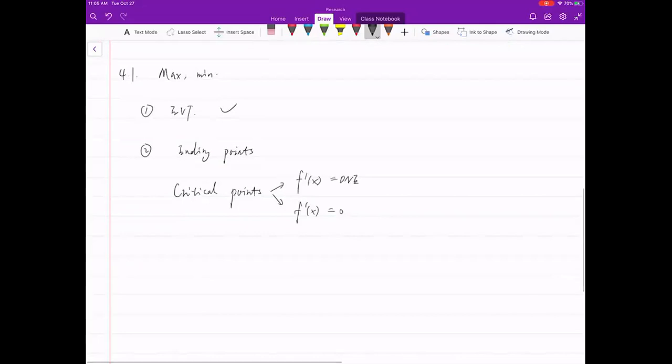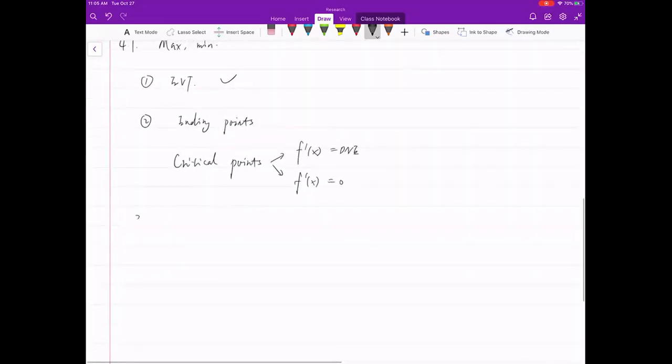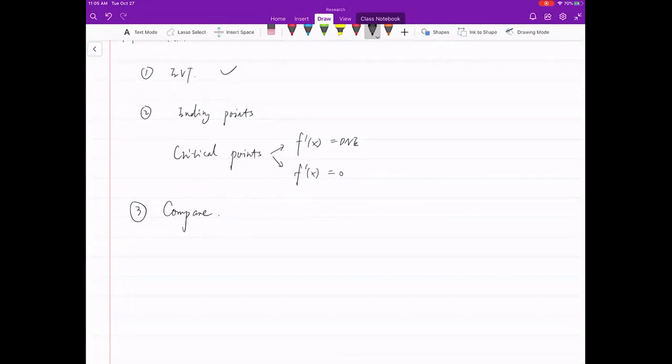We didn't say this will give us the maximum or minimum. We're just saying this may give us maximum and minimum. Number 3, we have all the candidates from number 2. We just compare them. Whoever is the biggest is the absolute maximum, and whoever is the smallest will be the minimum. Hopefully this logic is clear.